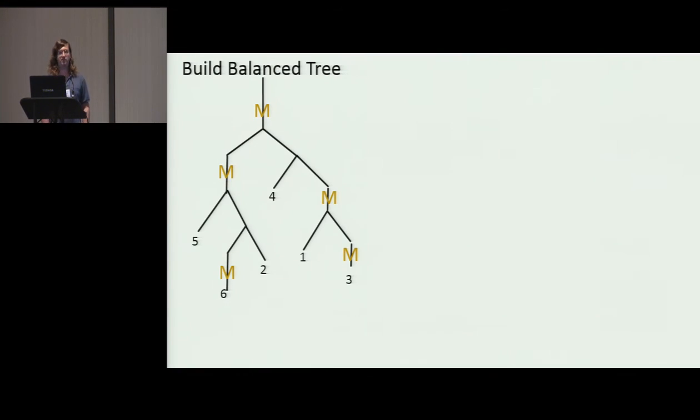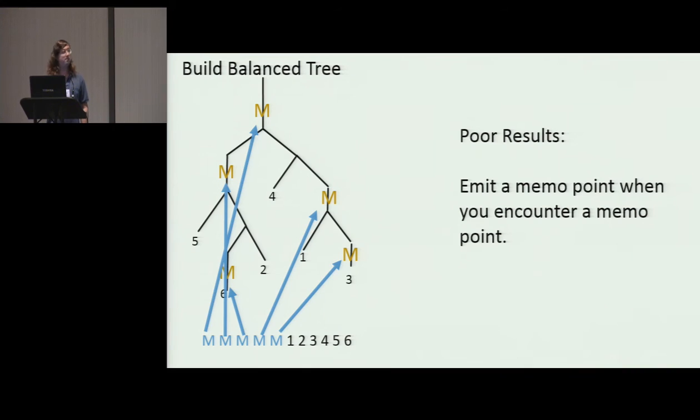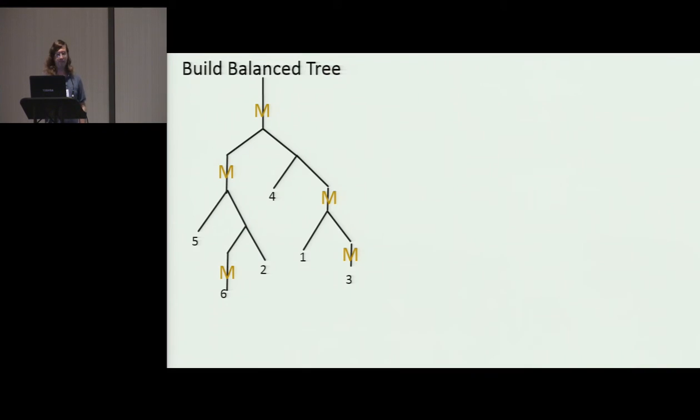We're going to create a balanced tree out of it, and every time we reach a memo point in the input list, we place it wherever in the tree we happen to be. And then to do merge sort, we're going to have a recursive function over the structure and merge the branches all the way up the tree.